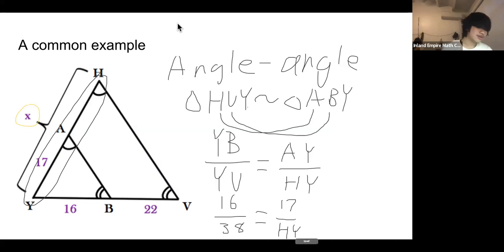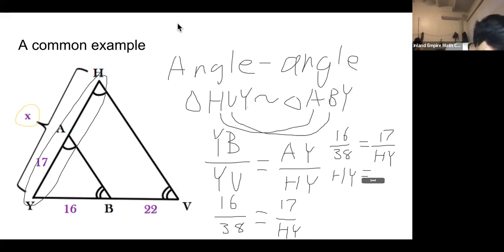So in order to solve this equation, all we need to do is isolate HY. So we multiply both sides by HY, and then we divide both sides by 16 over 38. So I think it would be a bit easier to just start off like this: HY times 16 over 38 equals 17.